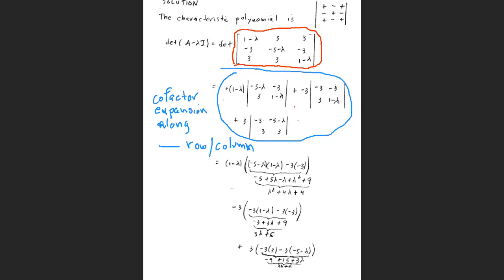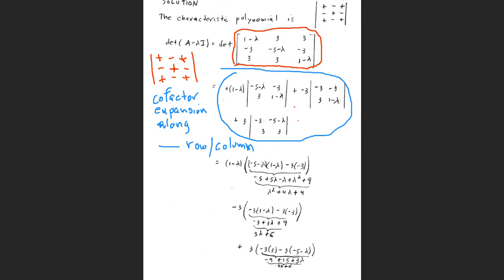But if it were the first column, if you think of the little chart, plus, minus, plus, minus, plus, minus, plus, minus, plus for a 3 by 3.